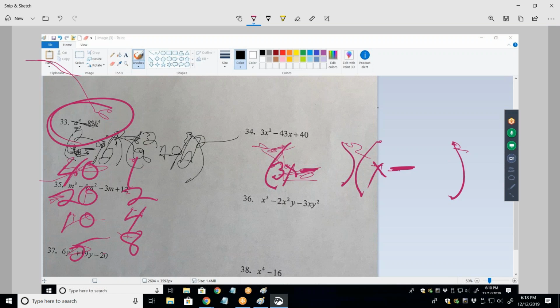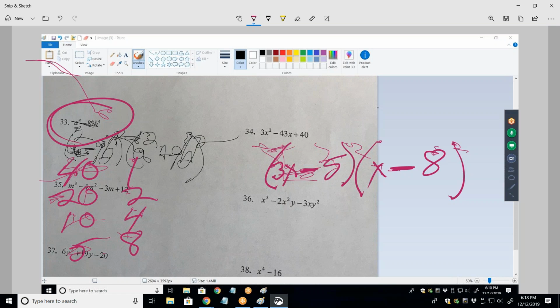Always try the two closest ones. 5 and 8. I'm just going to randomly try it, 5 there and 8 there. Now I'm going to see if that gives me the middle term. Does it? No, not even close.